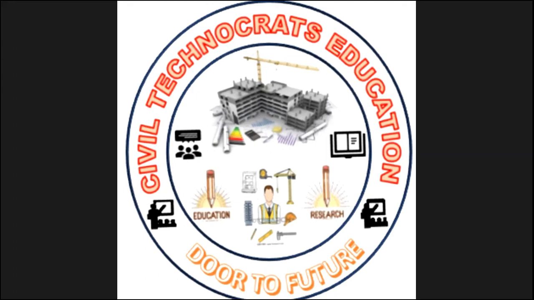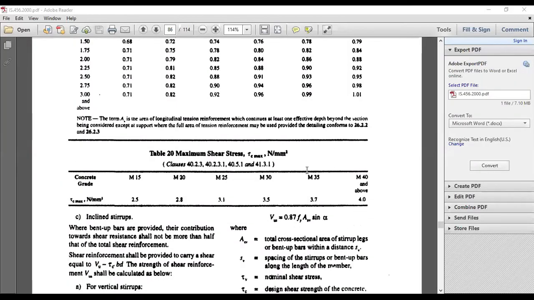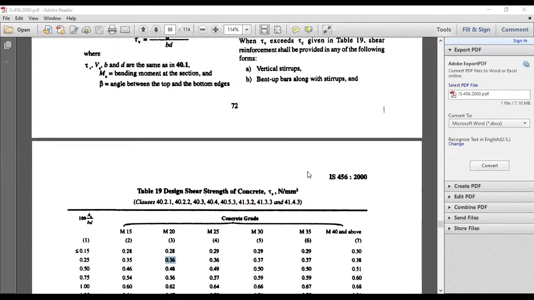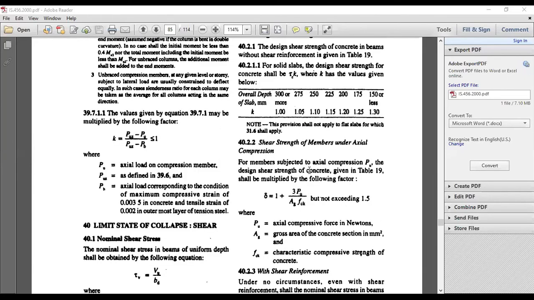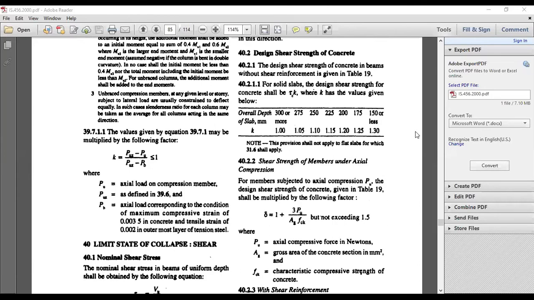So here is the IS code. Here is the table, the design shear strength of concrete. See, this is 40.2.1.1.